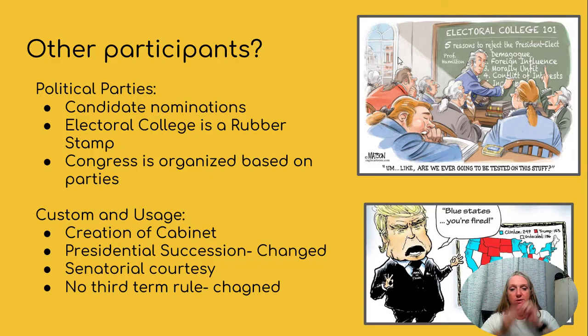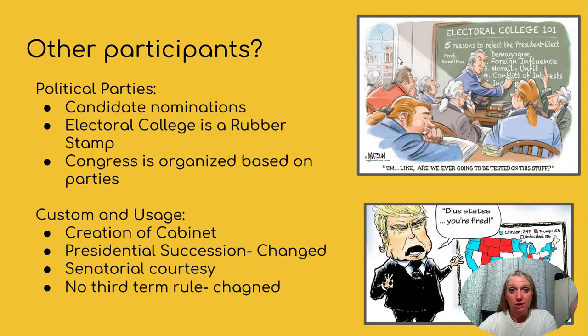Political parties are one of those. They are the ones who are going to be dealing with candidate nominations. Nowhere in the Constitution does it talk about how a candidate gets nominated to run for office. Political parties, and that is an informal change to the Constitution. The Electoral College is a rubber stamp anymore, because it is supposed to represent the actual voters' vote in that state.